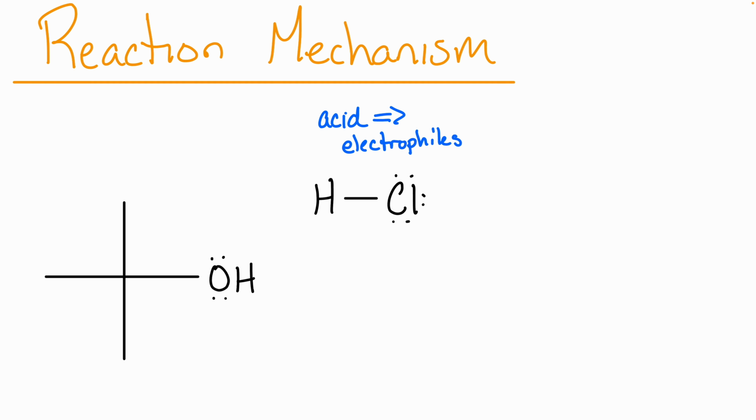All right, and then specifically, what is the electrophilic site in this molecule? What is that electron poor atom? Our hydrogen. This is our electrophilic site, which means that the chlorine is playing the role of what? Our leaving group, right? Our conjugate bases are leaving groups. Okay, cool. So my acid's my electrophile.